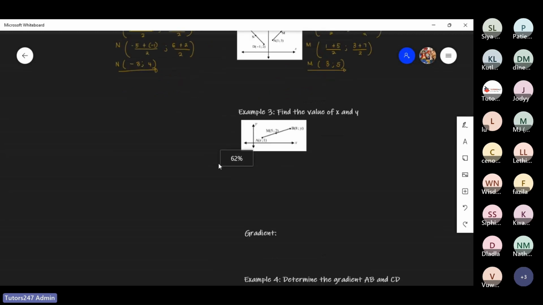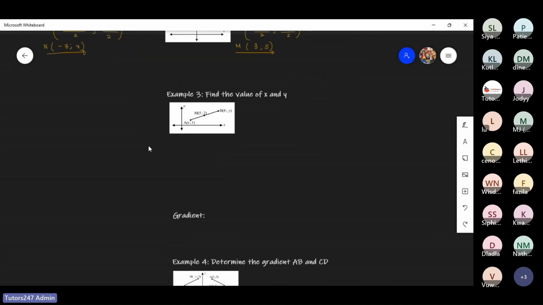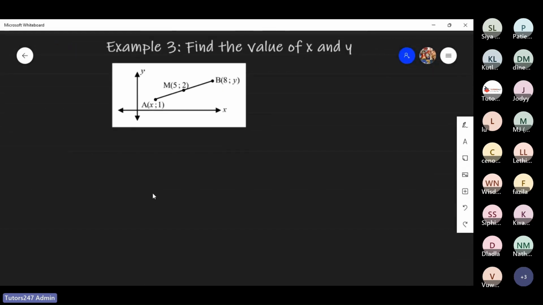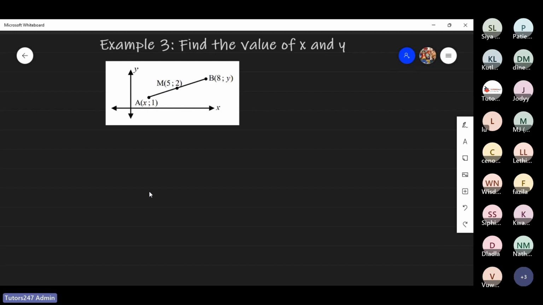So in this particular case, we are not finding the coordinates of our midpoint. We are now given the coordinates of our midpoint, and we need to calculate the missing values of the end points. So as you can see, our midpoint coordinate is given as M, which is 5 and 2.